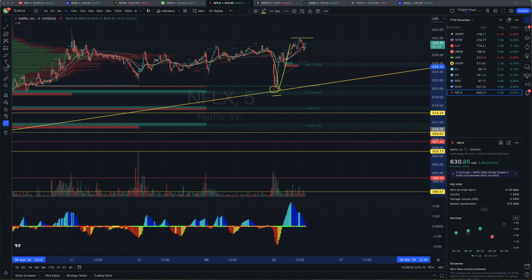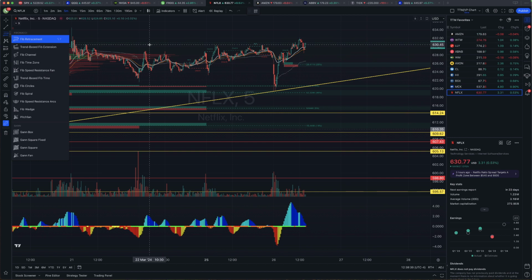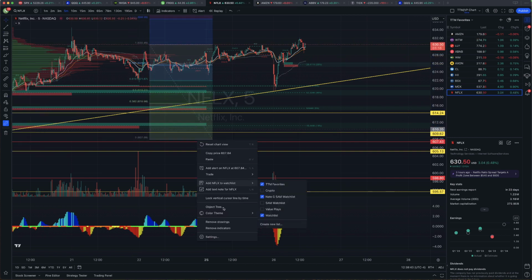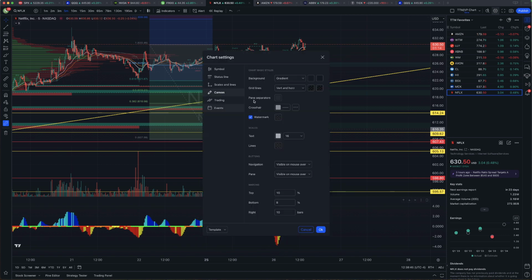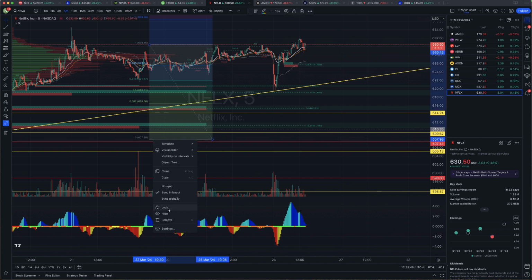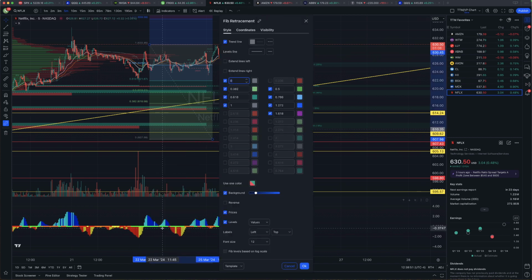You want me to show my fib settings? Can do. Hold on a sec. Whoops. I don't know why I didn't pick that up. There you go.